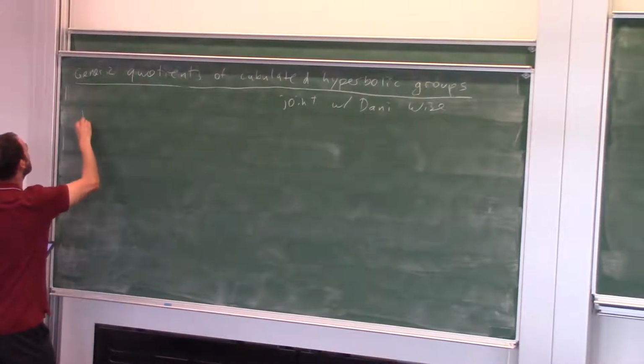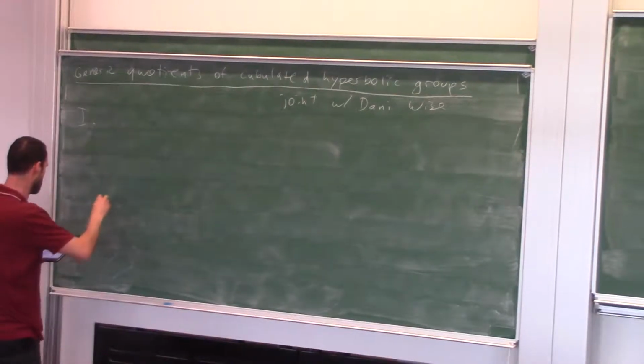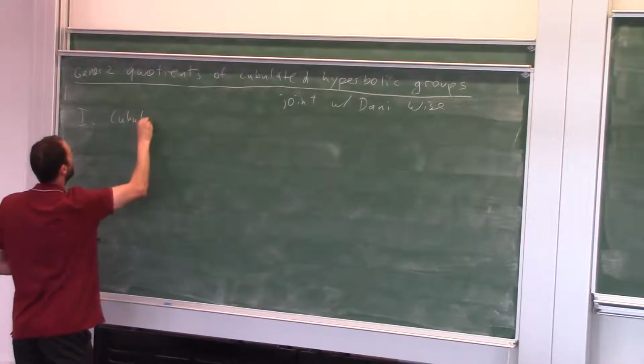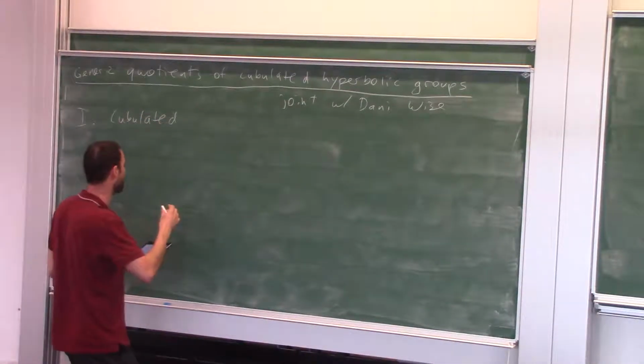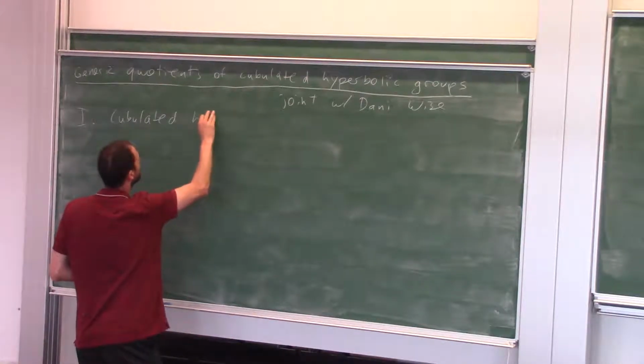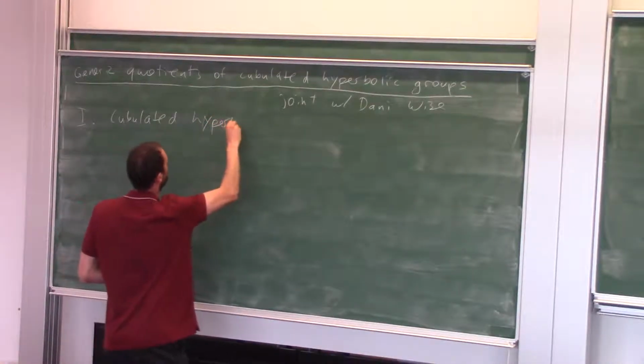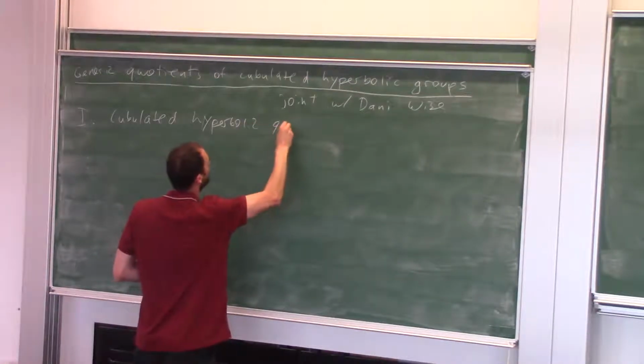So I do want to start with definitions, so I should tell you what cubulated hyperbolic groups are. You heard about it in Jason's talk this morning. It'll be almost exactly the same in mine. Hyperbolic groups.